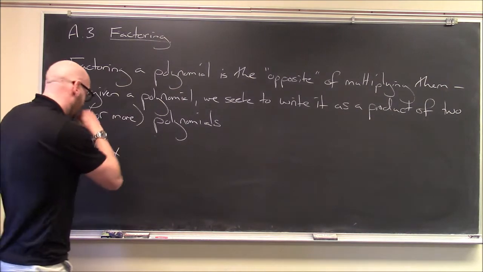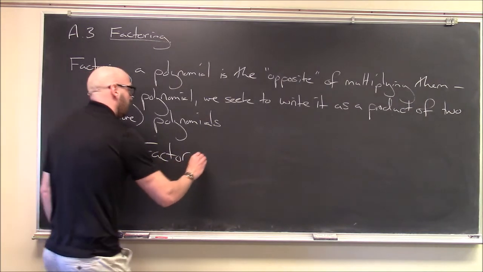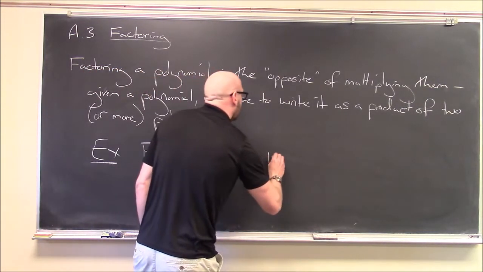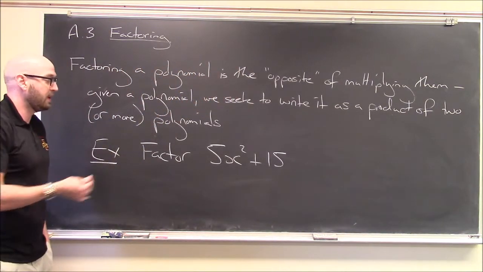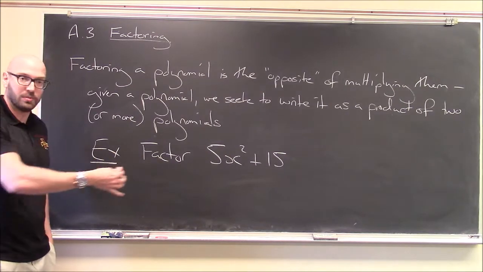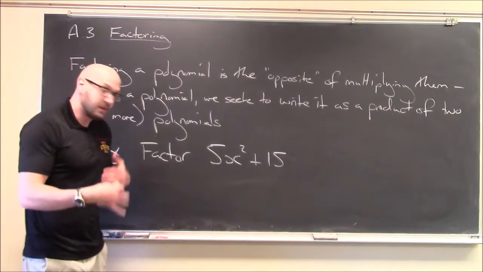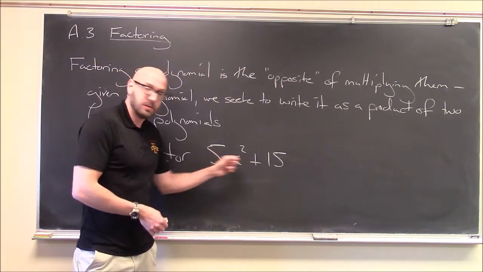So for example, here's a simple one. Factor 5x squared plus 15. There's a polynomial. Can I write this as a product of two or more polynomials? You'll notice that both of these coefficients are divisible by 5.